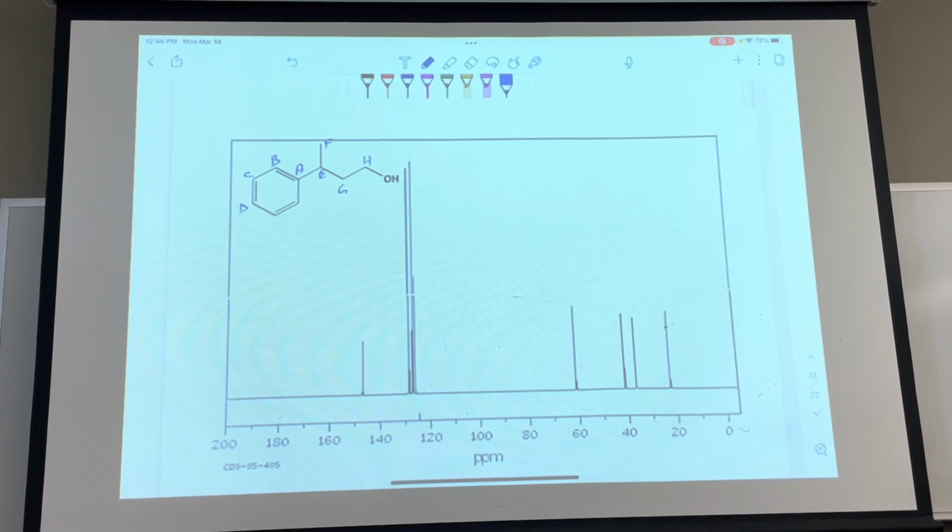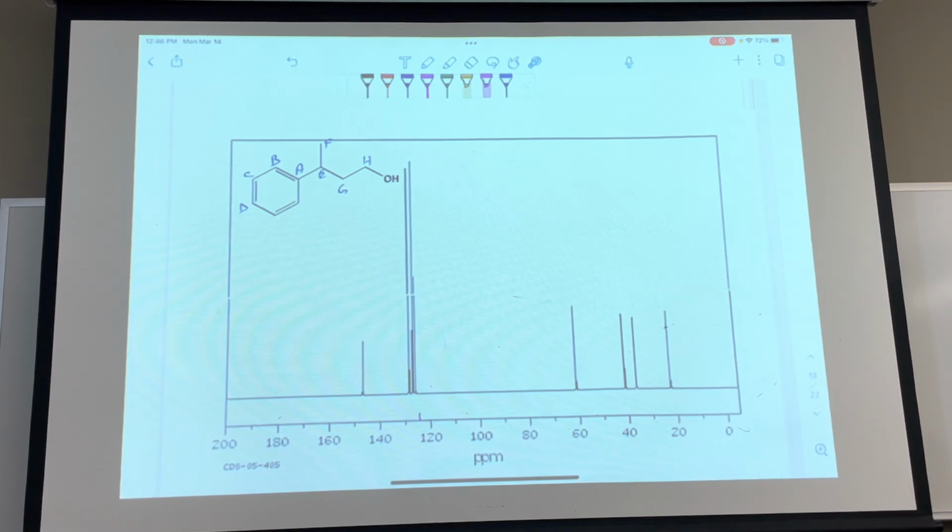So let's handle the benzene carbons first. I think I could safely say one of the four benzene carbons, which one do we know for sure is the most de-shielded?